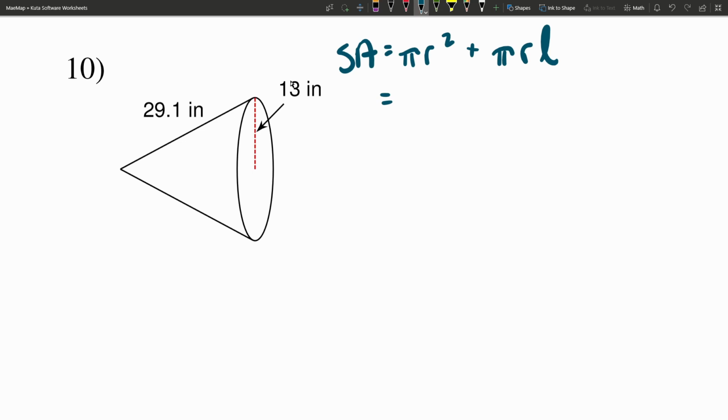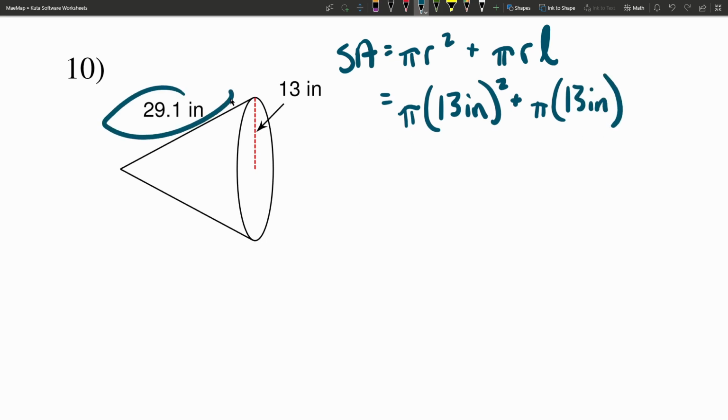So our radius is given to us as 13 inches, so we have pi times 13 inches, that quantity squared, and we have pi times our radius of 13 inches times our slant length L, which is also given to us as 29.1 inches. So now it's just a matter of calculating this all out. 13 squared is 169.